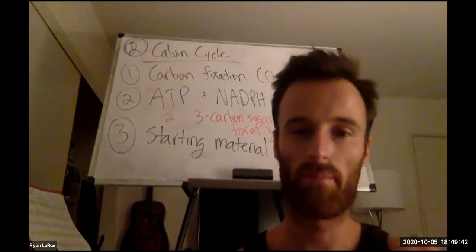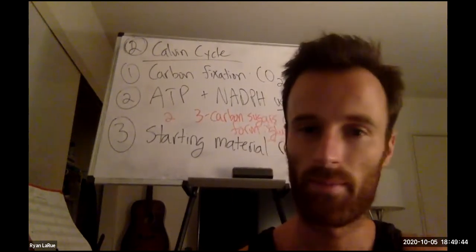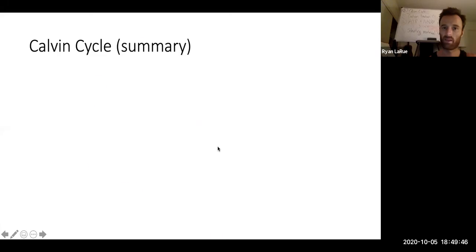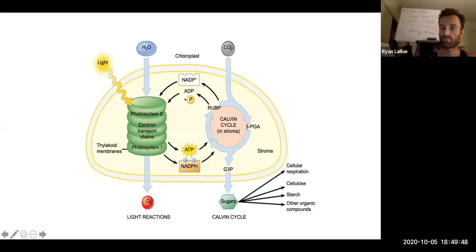Okay, so let me show you this picture that I really like. Here's our overall summary of photosynthesis. These are the light reactions. Water's entering, light's entering, we have our photosystems, electron transport chains, and oxygen is produced.